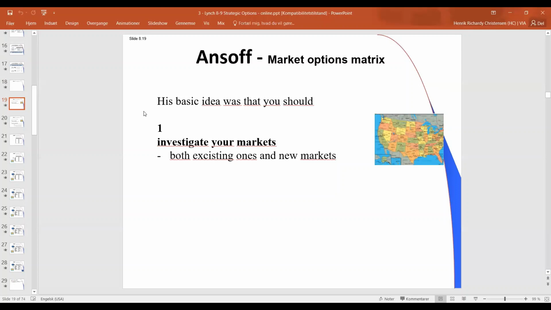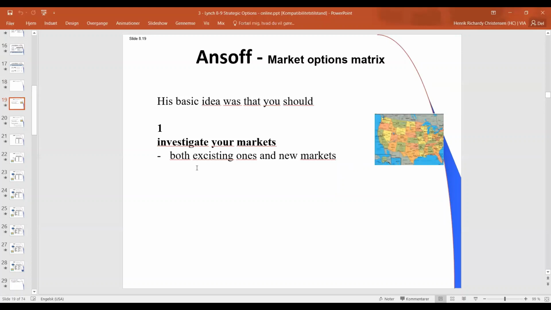Namely, he says that when you're looking at your marketplace, and I'll try to illustrate this with this map here, when you're looking at your marketplace, and these are the different markets that you could focus at, then one point in developing a strategy for the future is simply to look at them and investigate them.